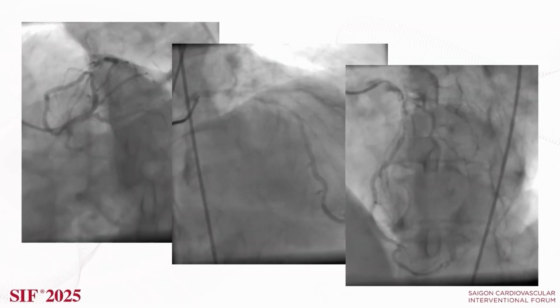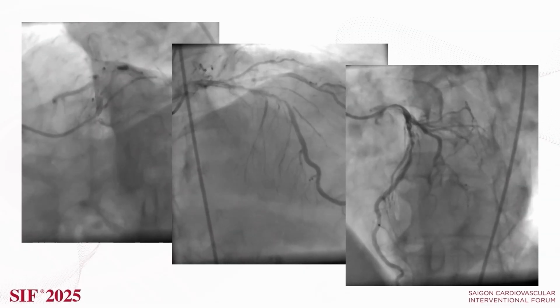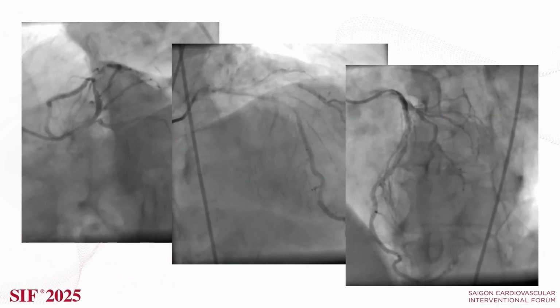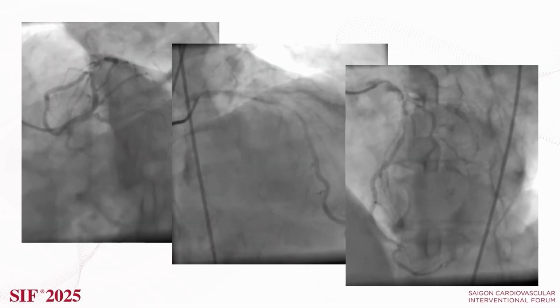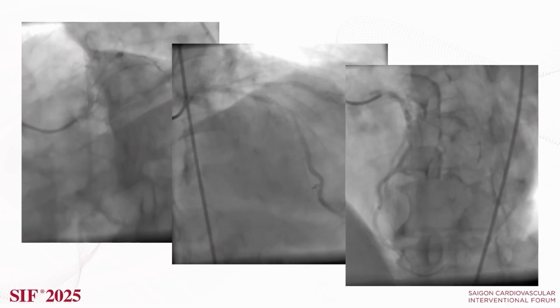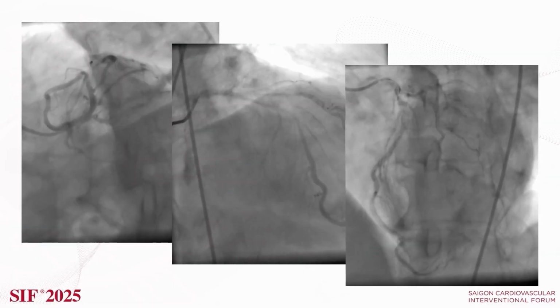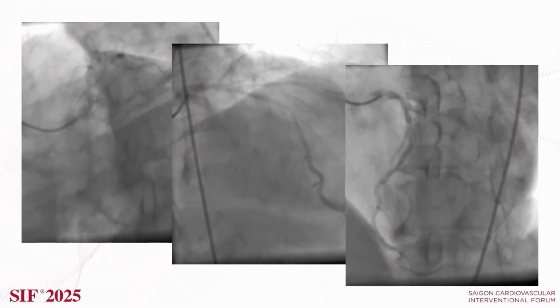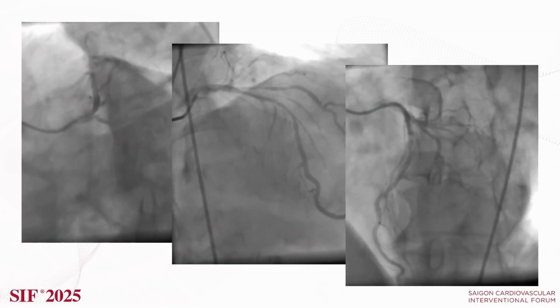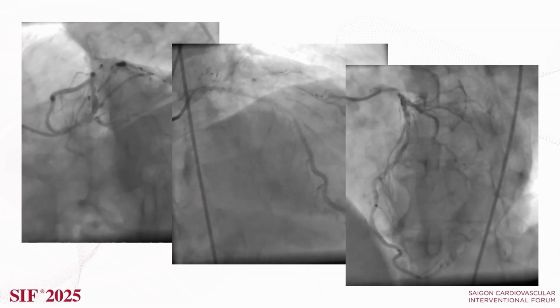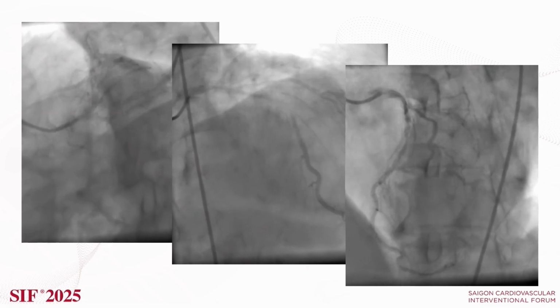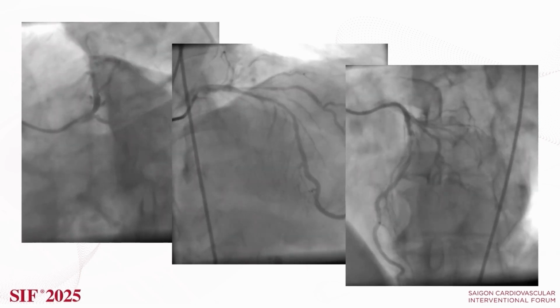So we would like to hear the comment from Professor Alec. Hi, yes. So first of all, I would be interested in the RCA to see what's going on there, to anticipate potential issues if there's also compromise on the right side. My main concern, looking at that, if you're planning to go for the LAD and left main, very calcified, is what is our plan for the circumflex?